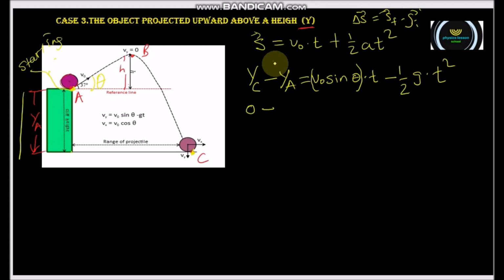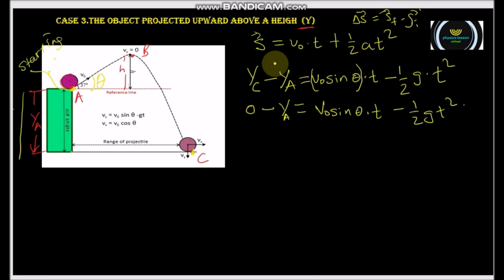Here we have ya. So simply we have the displacement on the vertical, minus ya, is equal to v naught sine theta times t minus 1 over 2 g t square.